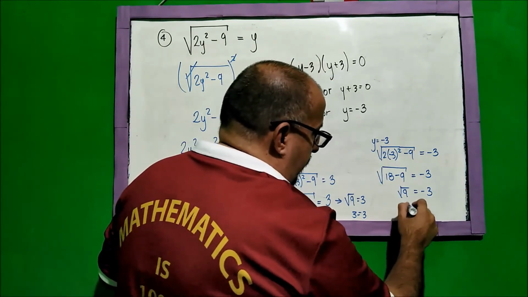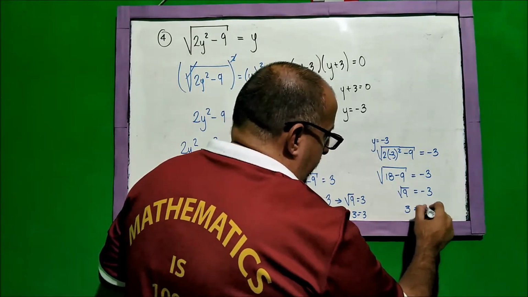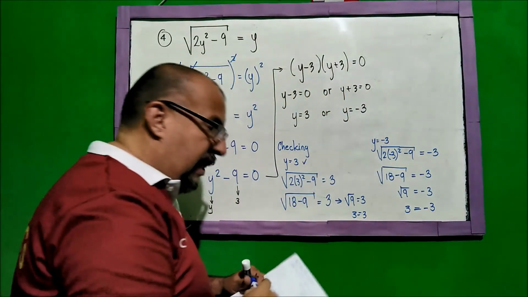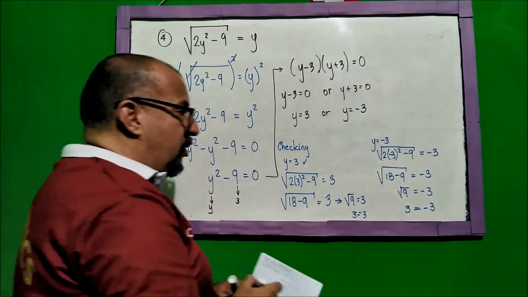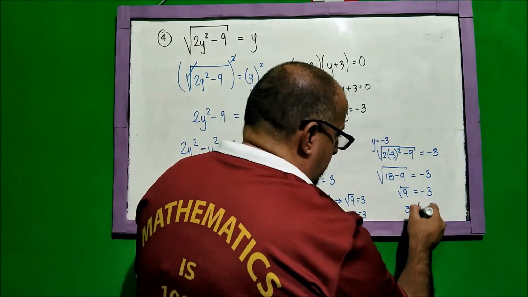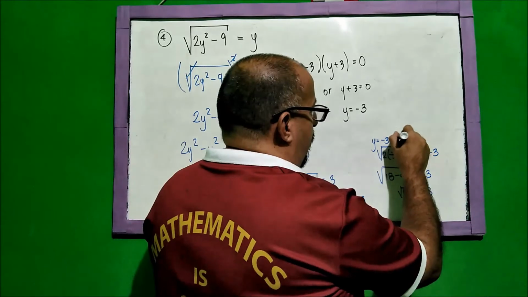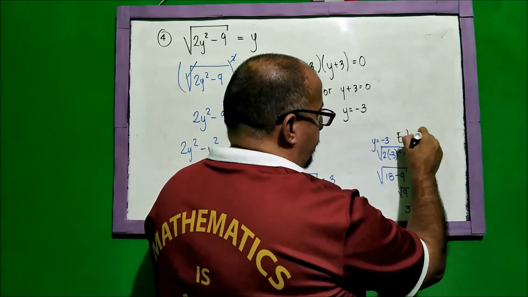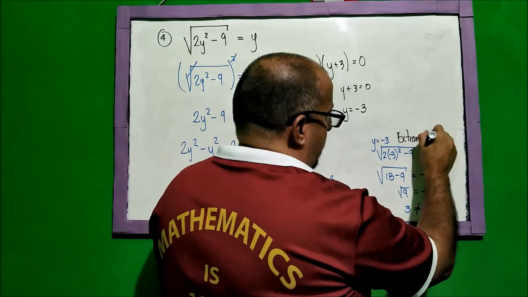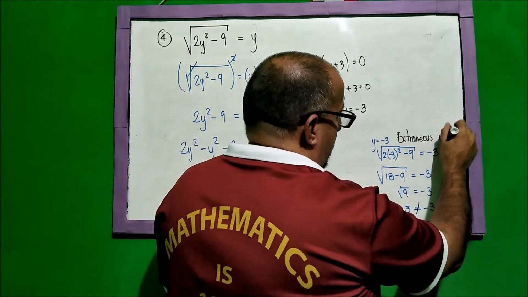But in here, we have a problem. 3 and negative 3 are not the same. So then this is a false statement. And negative 3 is what we call an extraneous root. Okay?